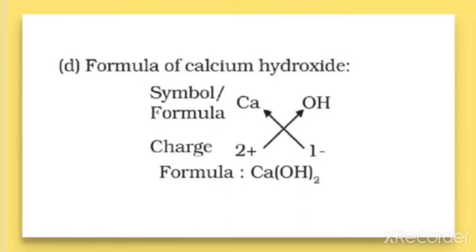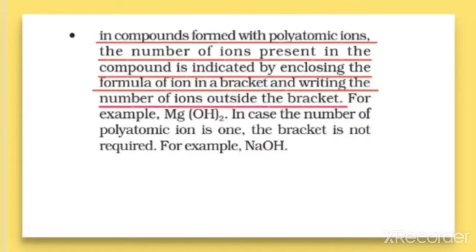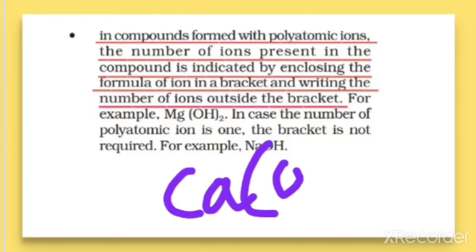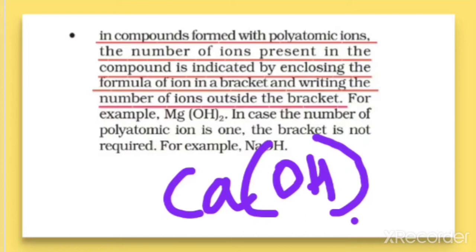So this is actually a rule which is given. If a compound is formed with a polyatomic ion, the number of ions present in the compound is indicated by enclosing the formula of the ion in a bracket. That means, as we just discussed in the case of calcium hydroxide, the polyatomic ion like the hydroxide ion is enclosed in a bracket sign, and that number of ions is written outside the bracket.